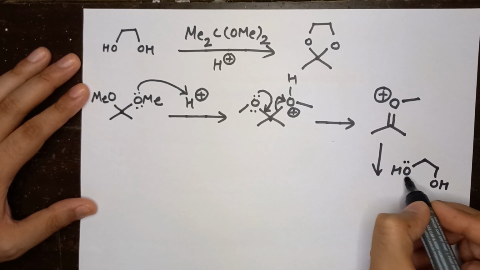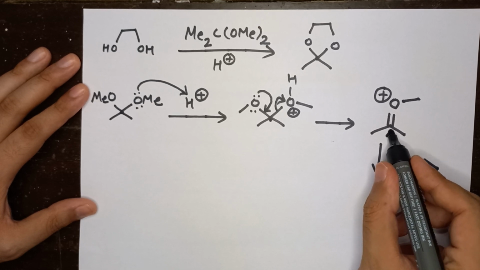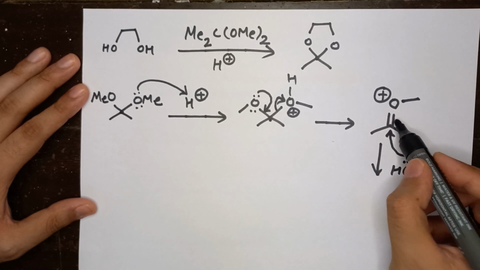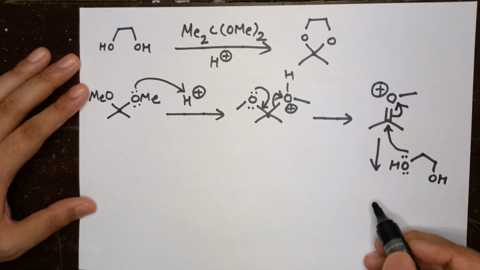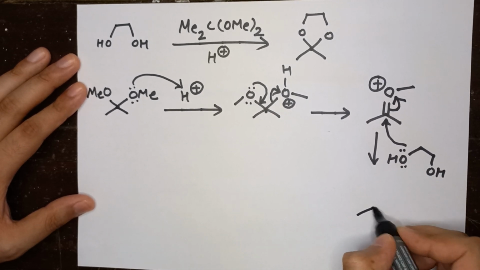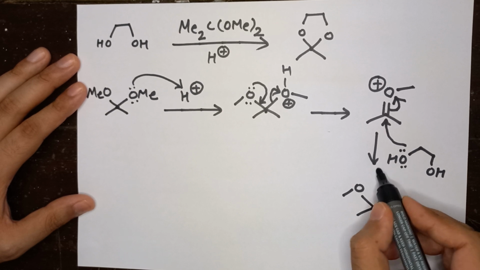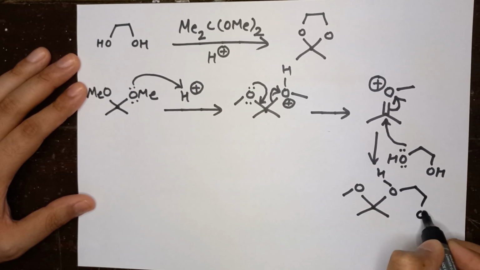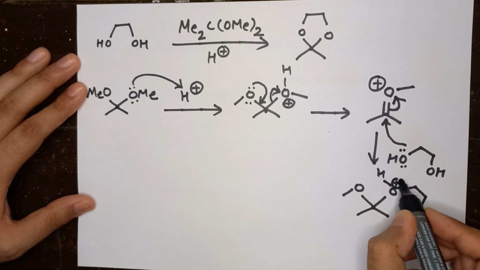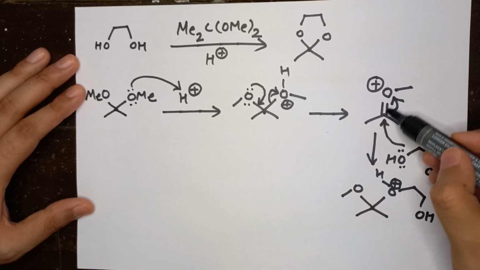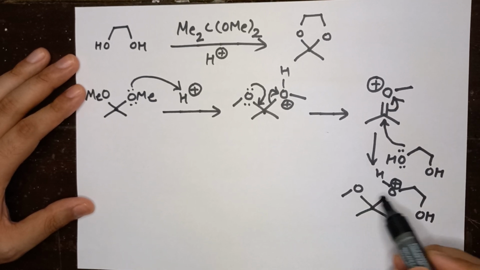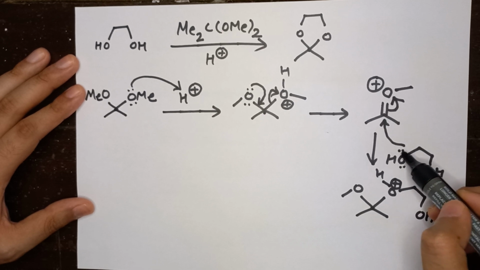So this oxygen lone pair will attack at this carbonyl, will neutralize this oxygen, and we will form OMe, O bonded with hydrogen, and this is OH. So you made this double bond into single bond, you converted it, and you connected this carbon with this oxygen.